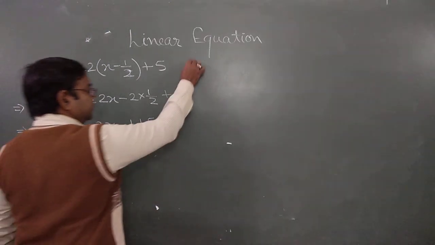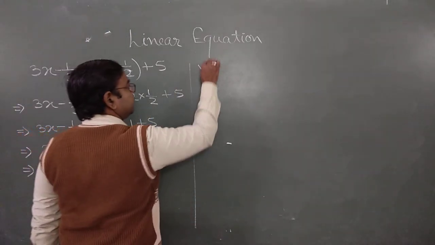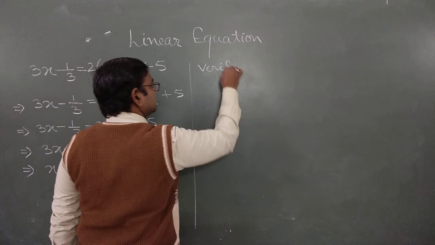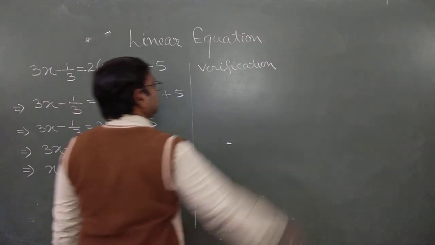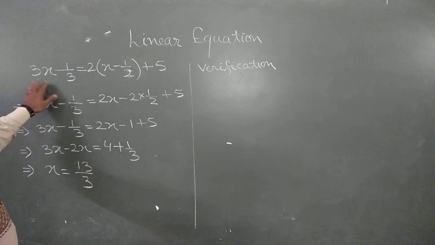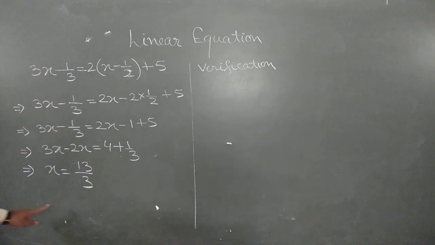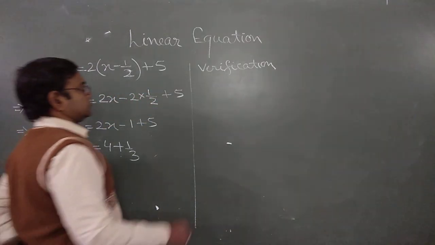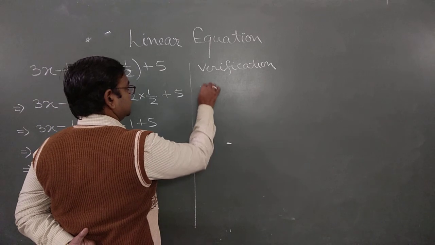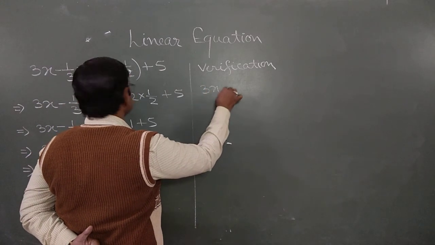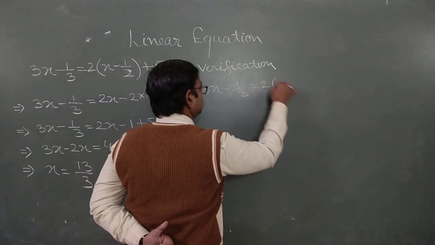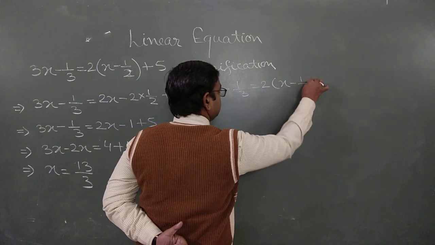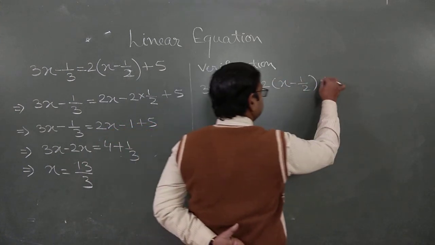So for verification, give the topic a verification heading. Verification heading is given. Now write down this equation completely and then place the value of x. It's 3x minus 1 upon 3 equals 2 into x minus 1 upon 2 plus 5.